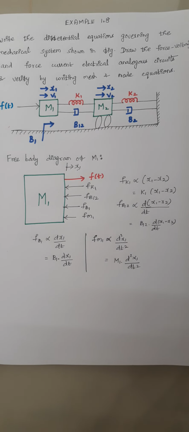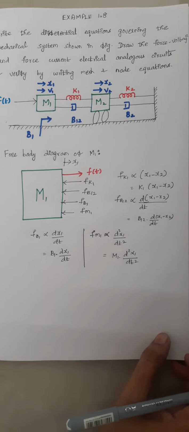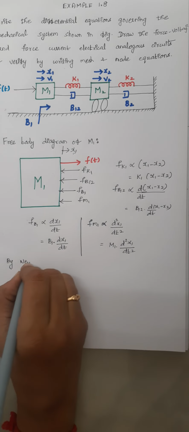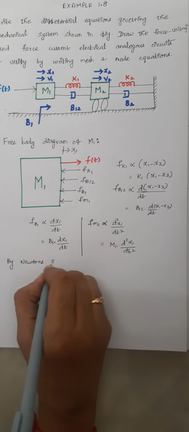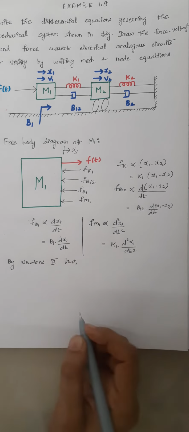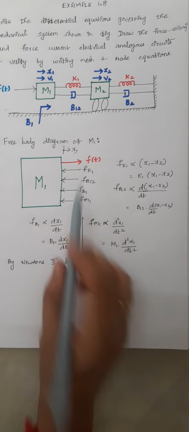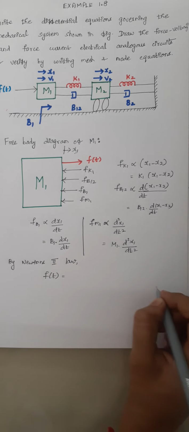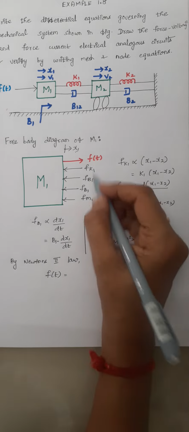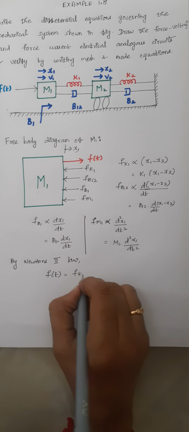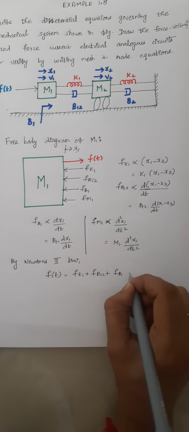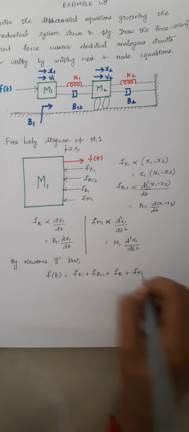Now we are going to apply Newton's second law. By Newton's second law, the applied force F of t is equal to the sum of opposing forces: Fk1 plus Fb12 plus Fb1 plus Fm1.